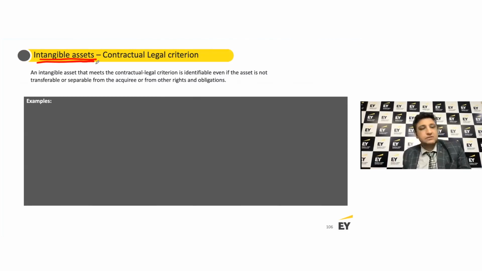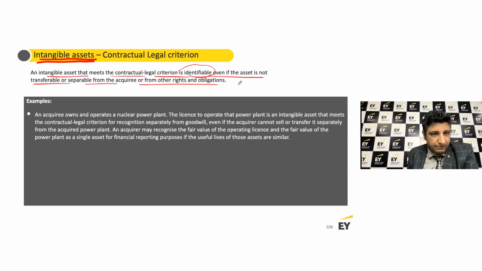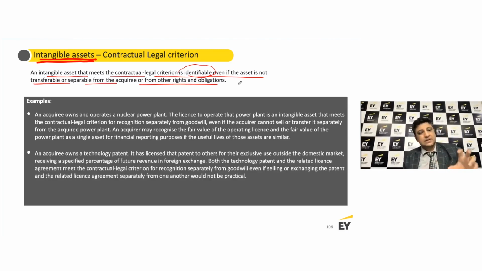As far as intangible assets are concerned, we say an intangible asset would only be recognized if it meets the identifiability criteria, even if it is not transferable or separable from the acquiree. There are some basic examples which help us understand that in case you are acquiring a business of another entity and it has some intangible assets in place, then as long as those intangible assets meet the identifiability criteria, you shall recognize those as well on the basis of their fair value in the books, as an acquirer. Okay, let's take an example here.